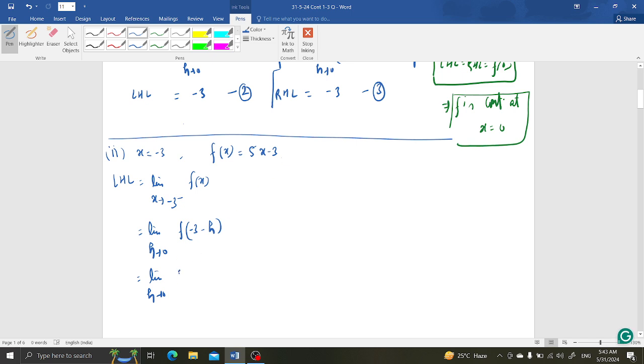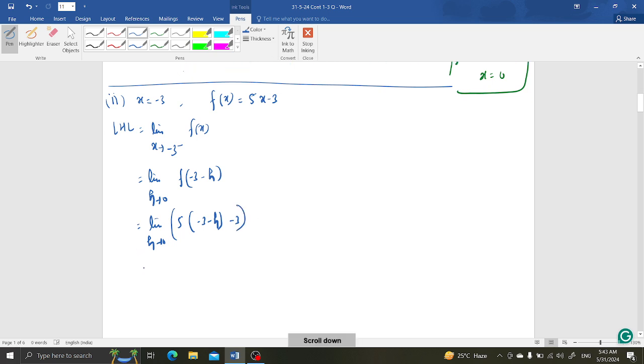We can find it by this one, 5 of minus 3 minus h minus 3. Now we need to multiply by the 5 inside, limit h tends to 0, minus 15 minus 5h and minus 3. So ultimately we get minus 18 if we apply the limit. This is our LHL, equation number star 1 we can say.